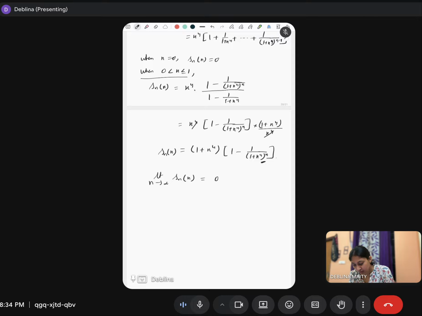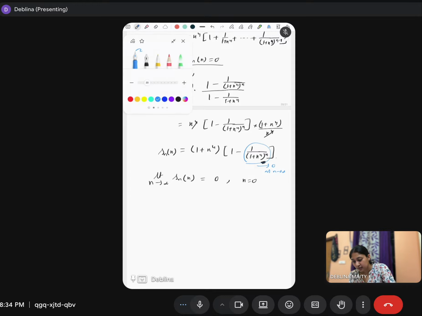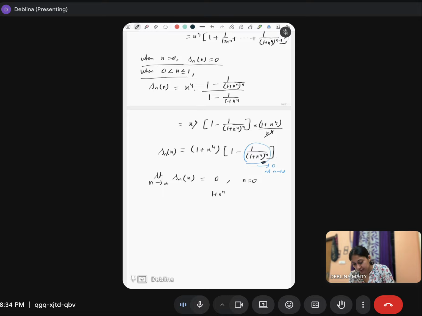So this is 0 when x equals 0 by this one, and when n goes to infinity, for non-zero x this term will go to 0 as n goes to infinity. So this will give 1 plus x to the power 4 when 0 less than x less than or equal to 1, right? So we get our limit function.